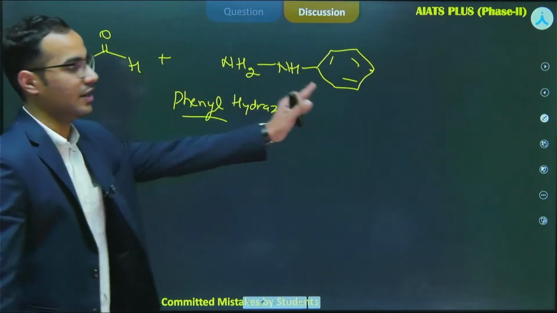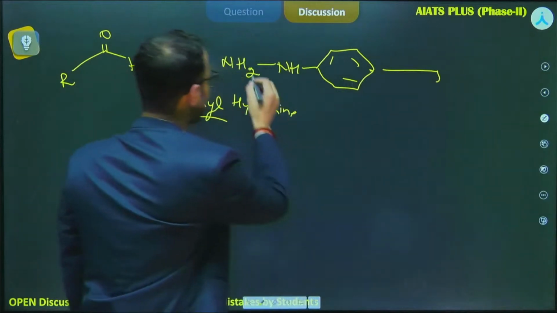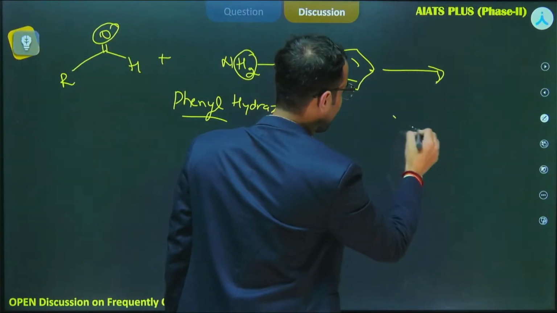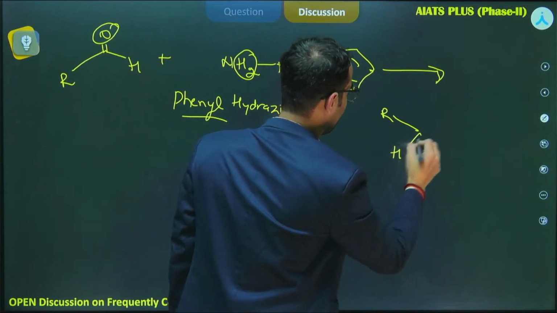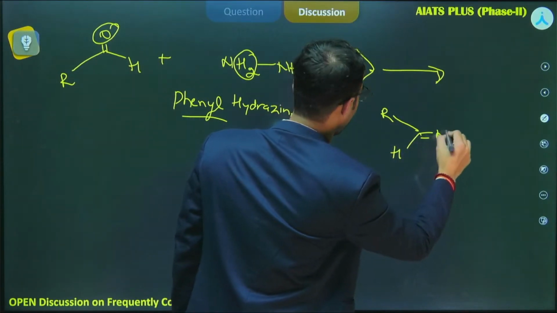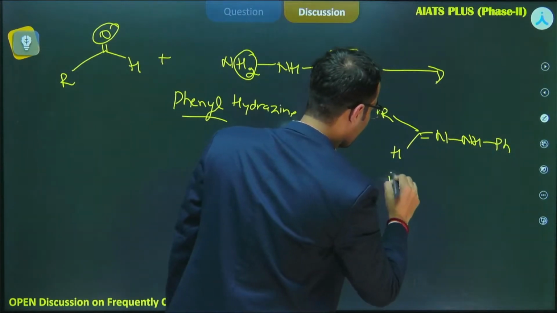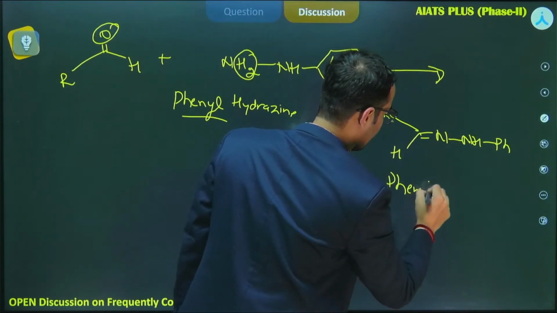This is phenylhydrazine, and you will be getting two hydrogens, one oxygen. You will be getting R-CH double bond N-NH-Ph. This is phenylhydrazone.